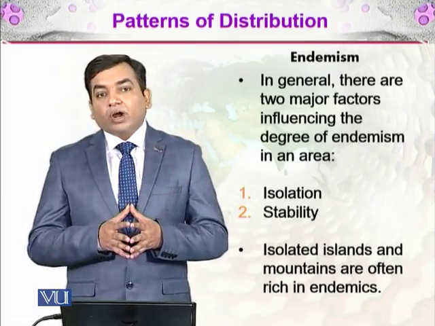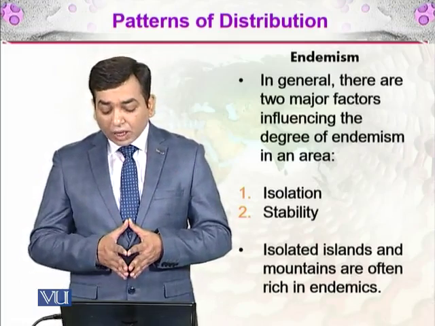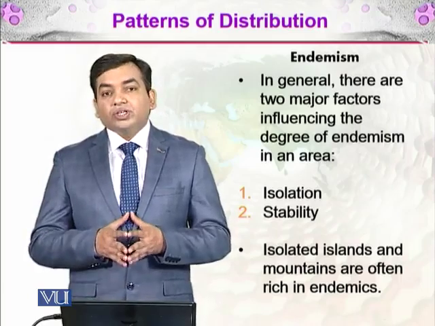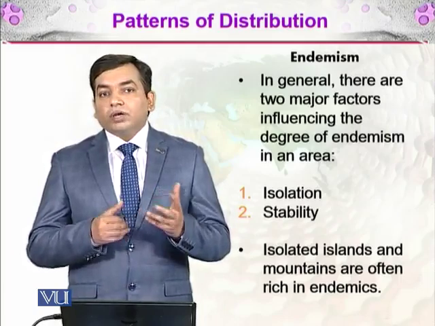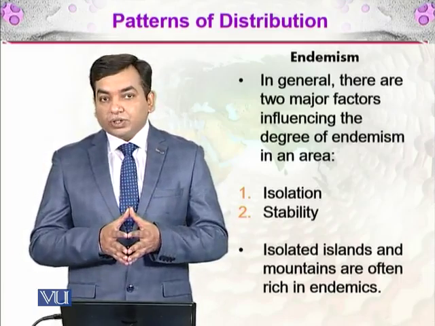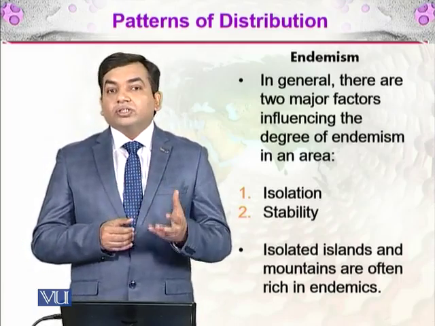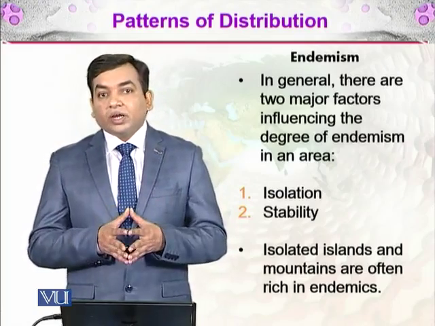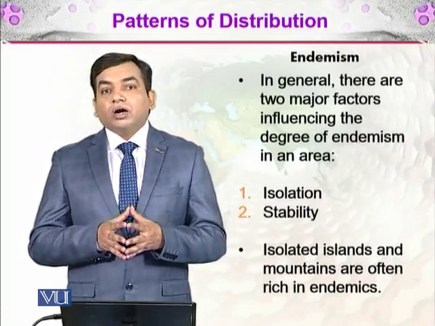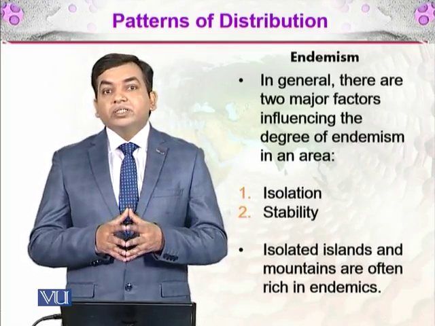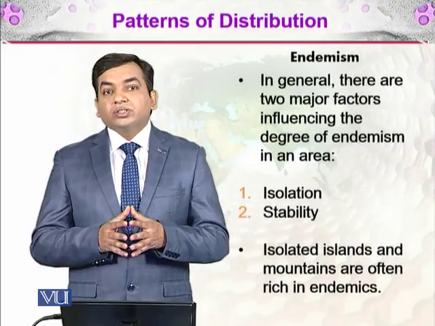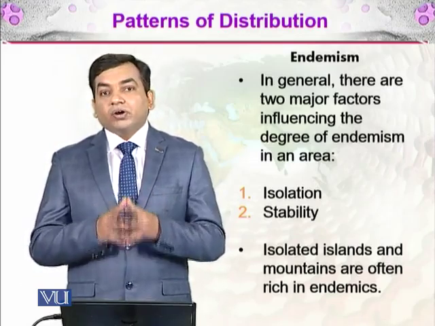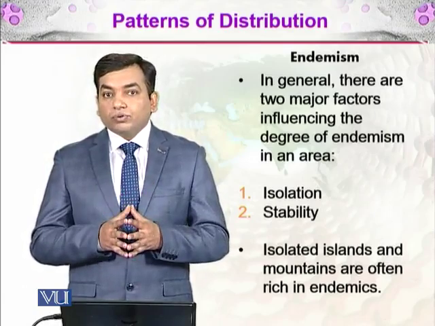And then there is the factor of stability. Isolated islands and mountains are often rich in endemics. If you want to see endemic species, you will see that they are found on islands or in mountainous areas, where mountains are topographical factors which do not let organisms spread, and they affect the patterns of distribution of those organisms.